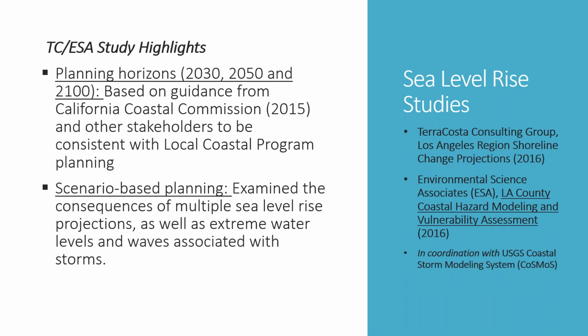These studies were key in providing a credible scientific basis to guide planning policy. Terra Costa incorporated the horizons from the Coastal Commission's 2015 guidance document and provided scenarios that layered multiple factors influencing SLR projections.